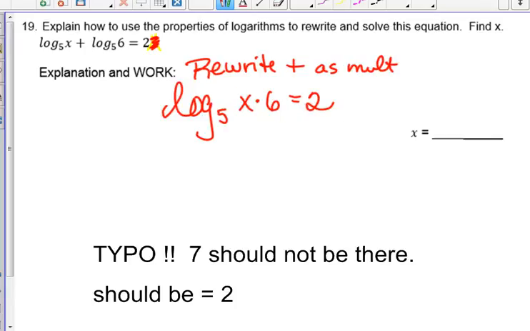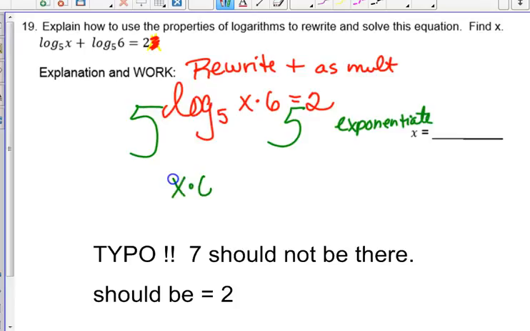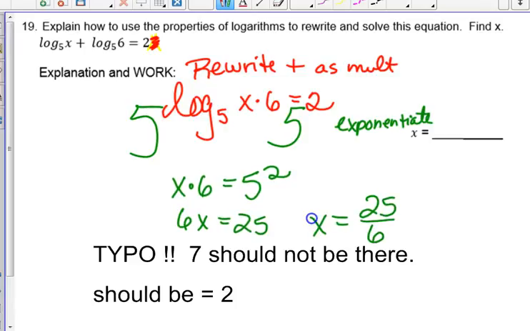And then I can exponentiate, or rewrite with a 5 here on each side. So this becomes just x times 6, or 6x, equals 5 squared. So the answer is 25 over 6.